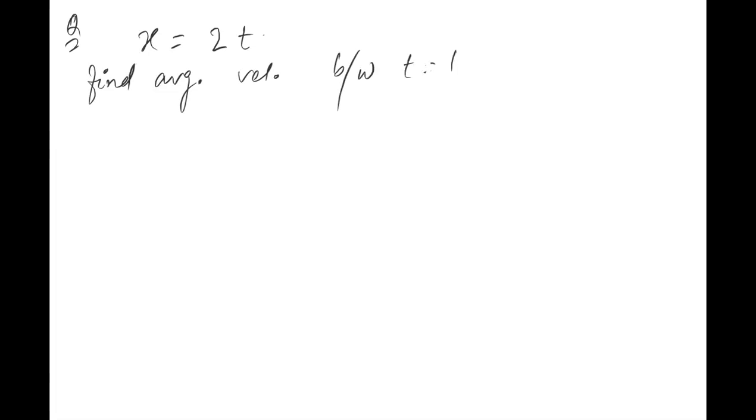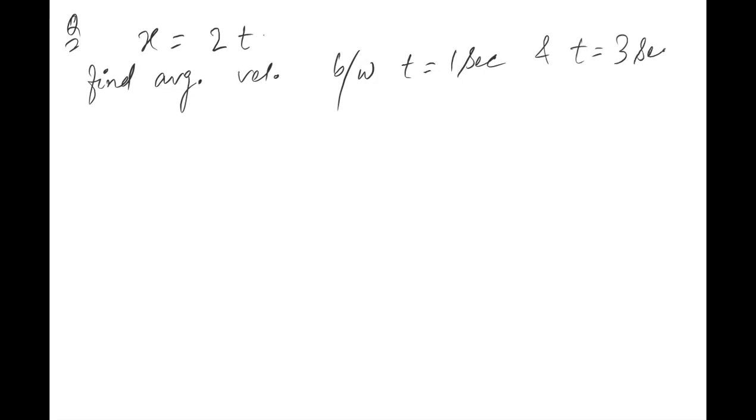Now come to the question part. For example, let's take a very simple example. Let's say x is equal to 2t. Clear? And if someone asks you to find the average velocity between t equal to 1 second and t equal to 3 seconds.